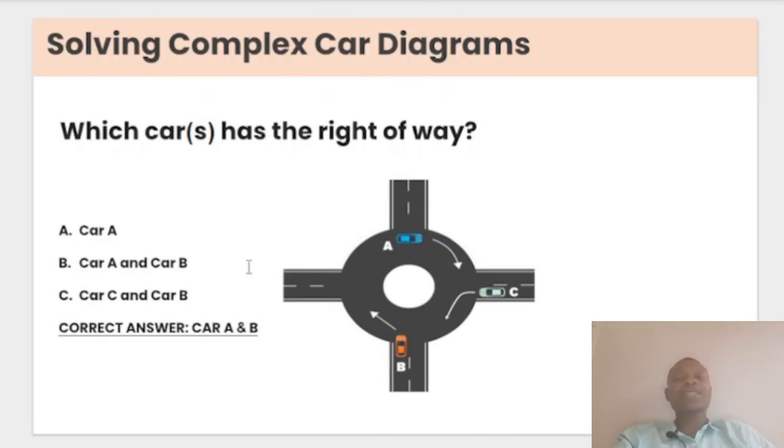So the cars that have the right of way are car A and car B. Car A has the right of way because it is already circulating. Car B has the right of way because it can safely enter the roundabout without disturbing or hindering the movement of the cars that are already circulating. Okay?